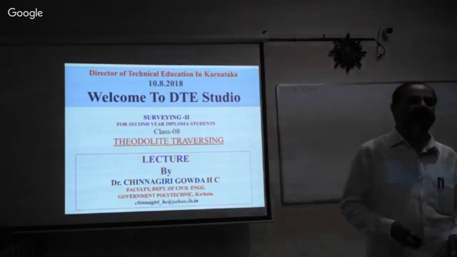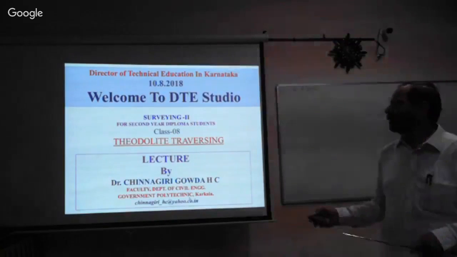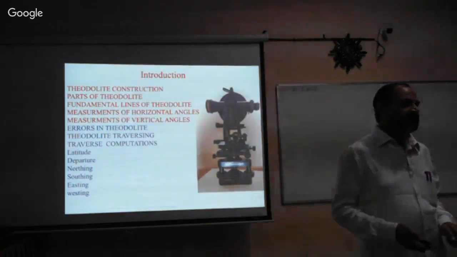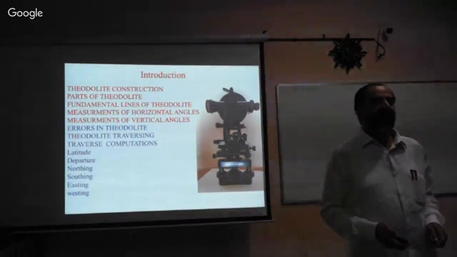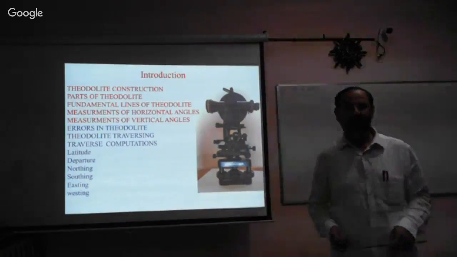In the last 7 classes, we have discussed elaborately the construction of the theodolite and its fundamental lines, the uses, and how to use the theodolite to measure horizontal and vertical angles.